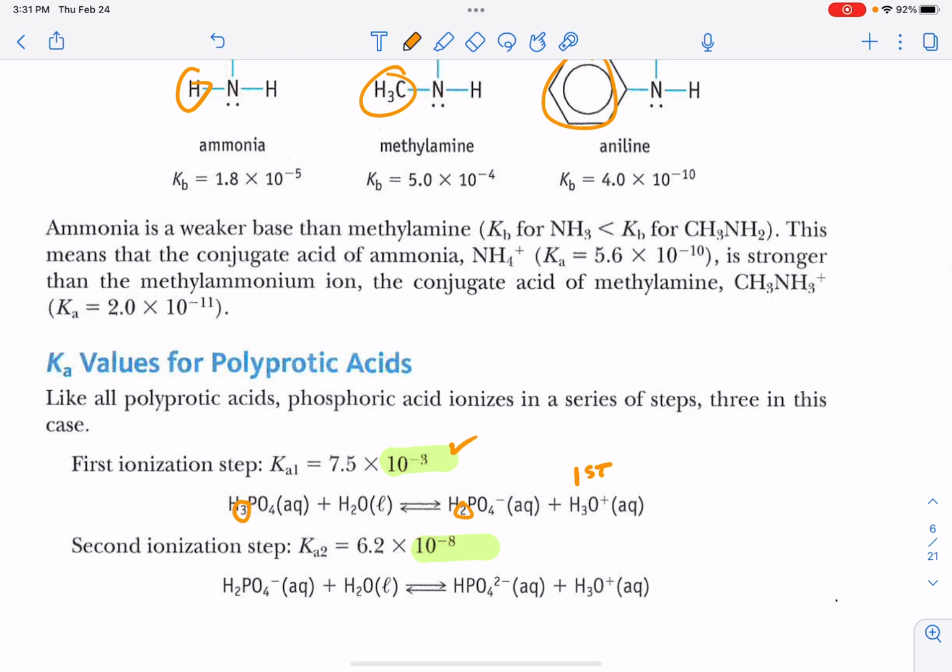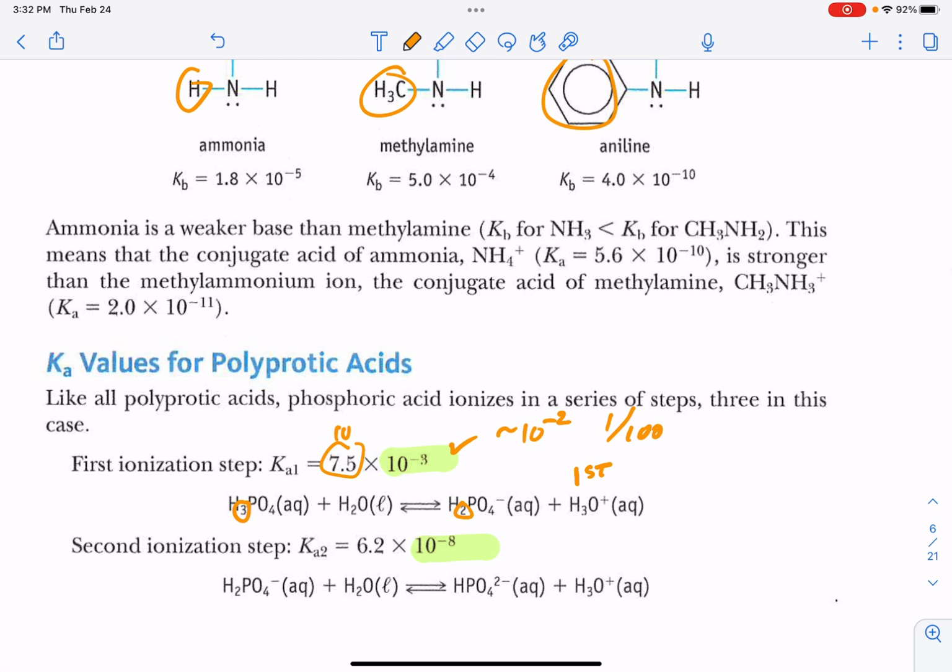And that happens pretty readily, 10 to the minus third. So 10 to the minus third, if we round 7.5 up to 10, 10 times 10 to the minus third equals approximately 10 to the minus second, which means about 1 in 100. 1 in 100 of H3PO4 molecules will dissociate like this.